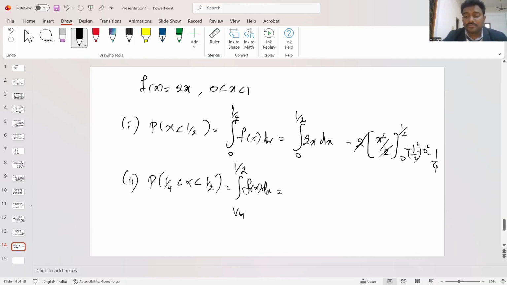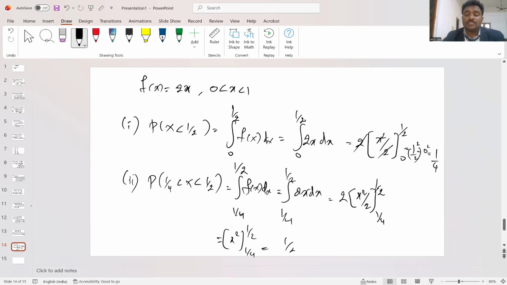So f of x is again 2x dx, the limit is from 1 by 4 to 1 by 2. So now if you integrate this, it will become x squared by 2 from 1 by 4 to 1 by 2, right? So this 2 and 2 will get cancelled. Now I have x squared from 1 by 4 to 1 by 2.